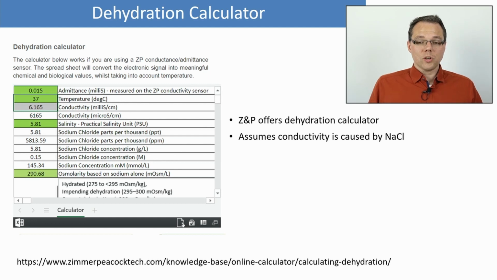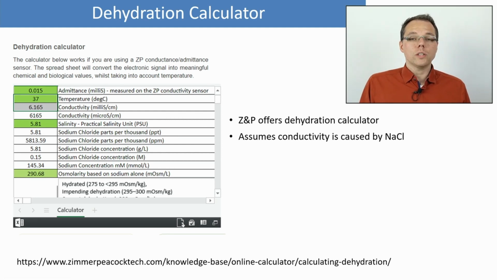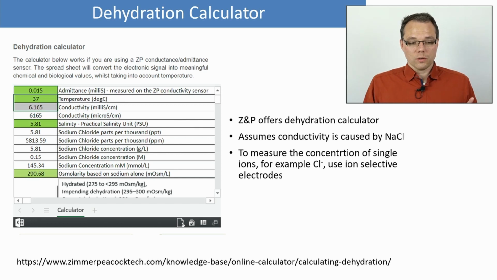It assumes that the conductivity is only based on sodium chloride, which is true for many situations, and it will serve your purpose perfectly. So just visit the website of Zimmer and Peacock shown at the bottom here if you want to easily calculate from your measured conductivity the sodium chloride concentration and the osmolarity, assuming that all conductivity is contributed from the sodium chloride.